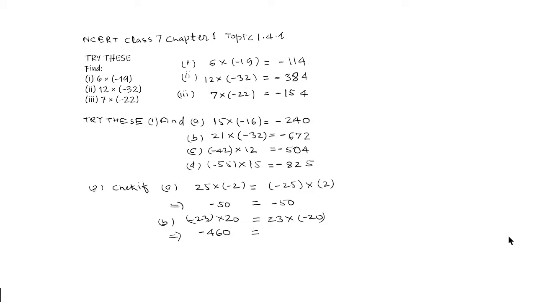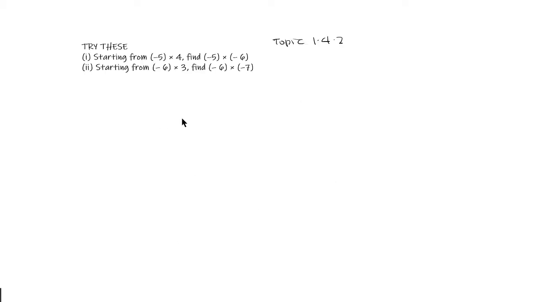Similarly 23 times 2 is 46 and the 0 is here. And there is a minus sign prior to 20, so I have to put minus sign here. And what we get, both sides we get minus 460 and minus 460. So we have verified that minus 23 multiplied by 20 equal to 23 multiplied by minus 20.